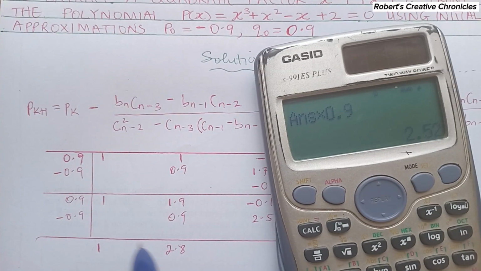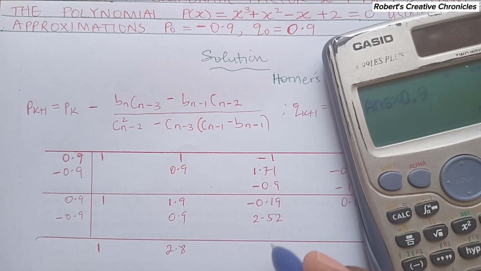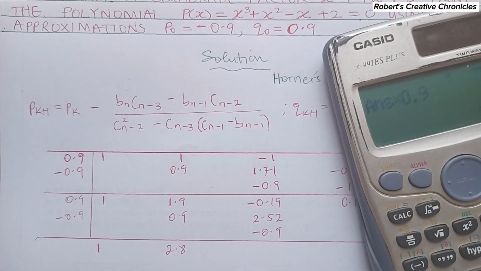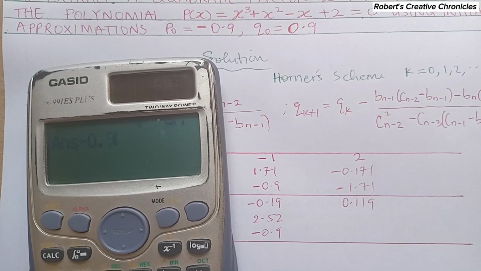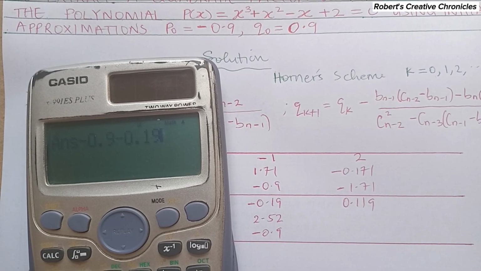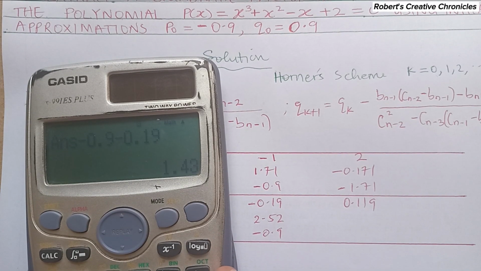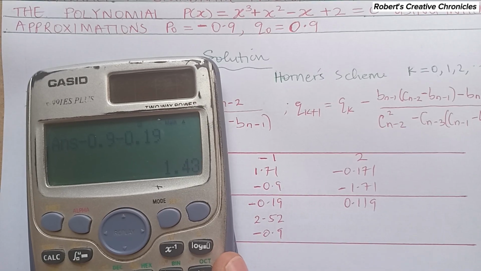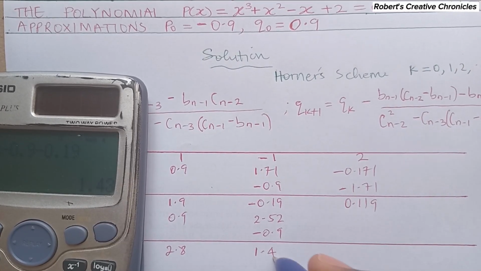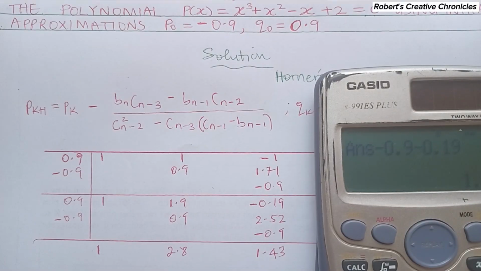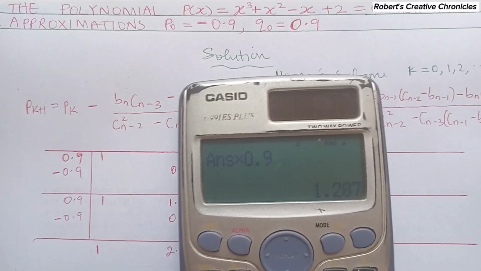Then this times this is negative 0.9. So it will be 2.52 minus 0.9 minus 0.19. This becomes 1.43. So we write 1.43 here. Then 1.43 times 0.9 is 1.287.